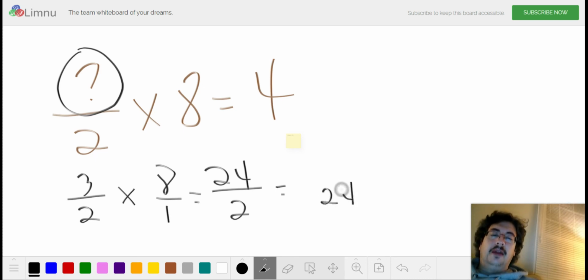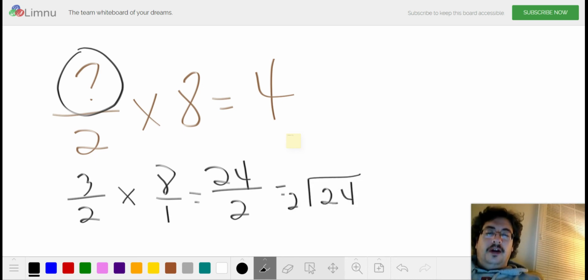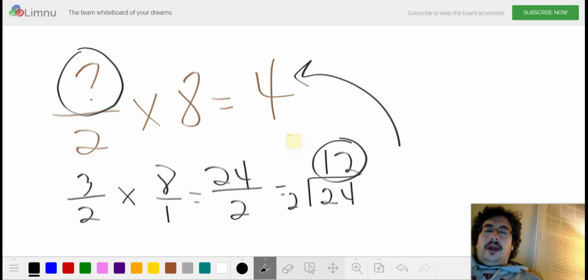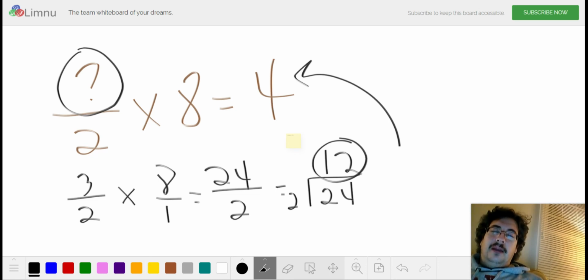Well, if I simplify that, I find that it equals 12, which is a lot bigger than 4. But even though I got it wrong, that still tells me something about the value that's above the 2. It tells me that it's got to be less than 3, because 3 gave me a number that's a lot bigger than the 4 that I'm trying to get to.